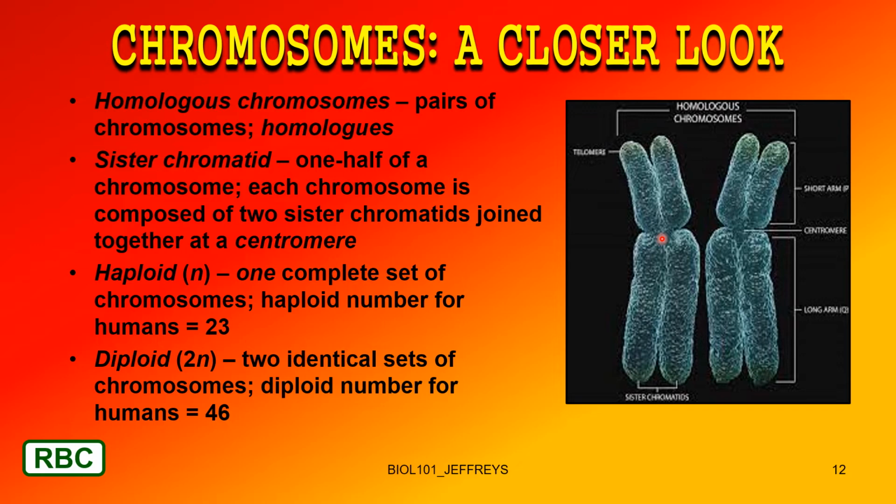And each one of those chromosomes has an identical twin chromosome with the same genetic information, made up of 2 chromatids connected at a centromere. Okay, so those are homologous chromosomes. So sister chromatids are 1/2 of a chromosome. Each chromosome is composed of 2 sister chromatids joined at the centromere. It's what I just described for you.